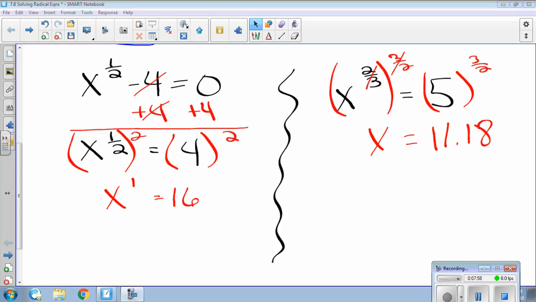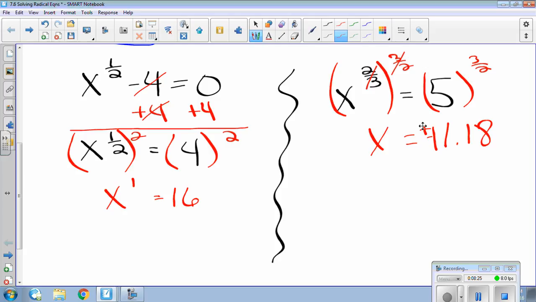So, if you're raising it to a power where the denominator is even, you have to consider the plus or minus. If that denominator is odd, then you don't. So this technically would be plus or minus 11.18. Because if I took 11.18 and plugged it back in here for x, the positive case would work and the negative case would work. Okay?